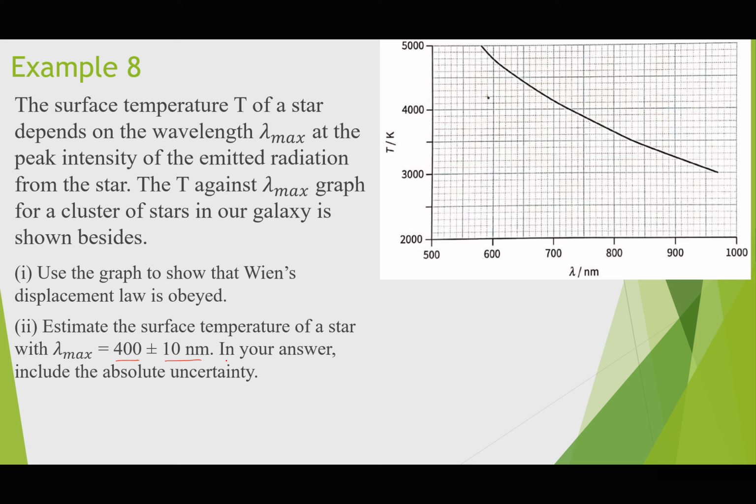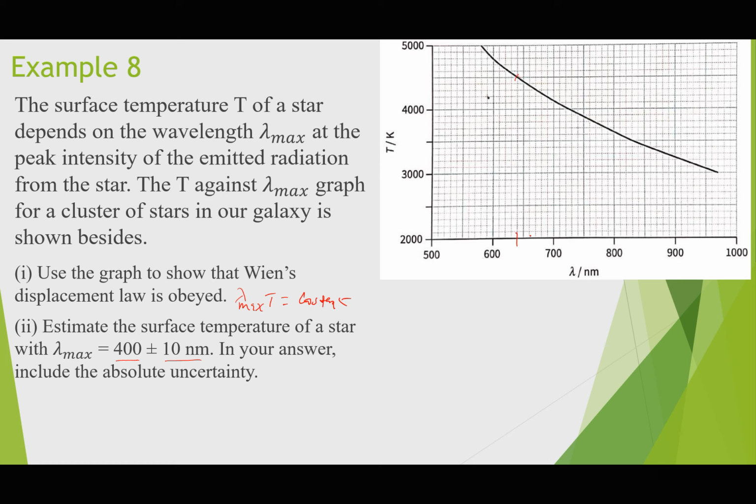Okay, so for Wien's displacement law, remember we say that lambda max times T should be equal to a constant. So I should check this for three values of lambda and T, to see if it is a constant. I'll start with this one here.